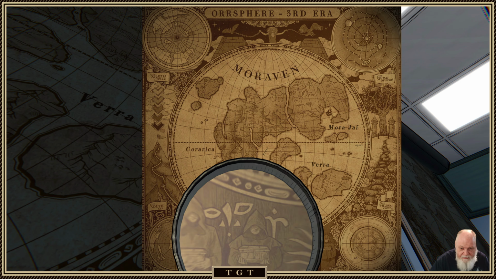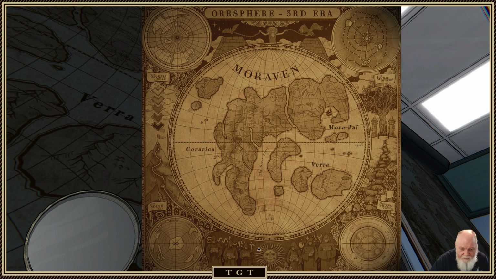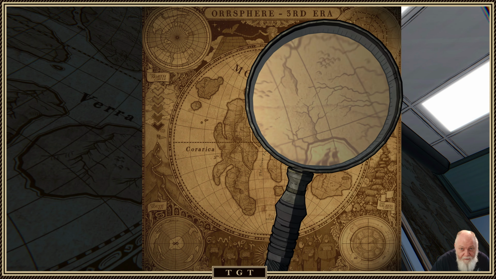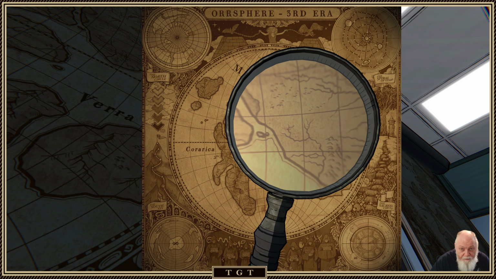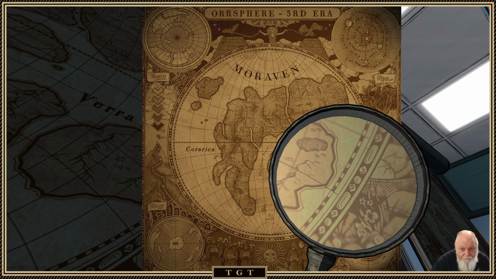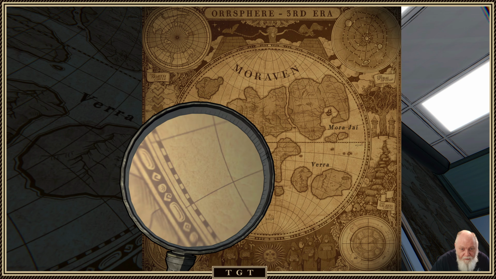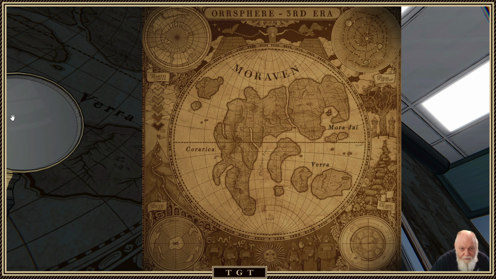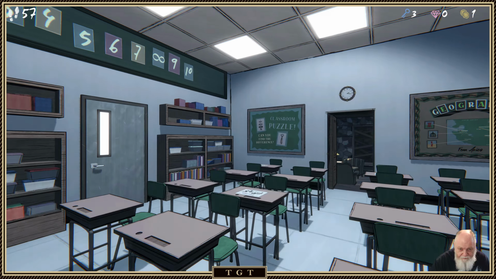I mean, yeah, I see the symbols and stuff, but I can see the symbols in the original screenshot without the magnifying glass, so... Alrighty. Okay. Enough stalling.